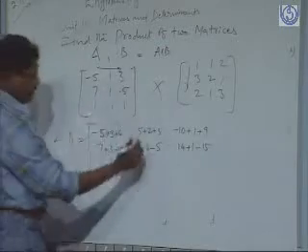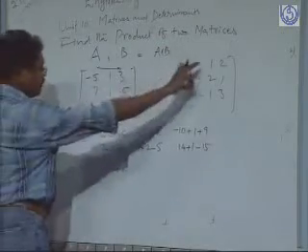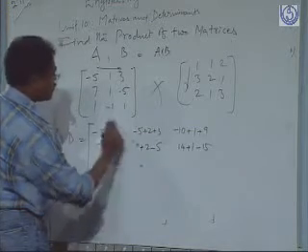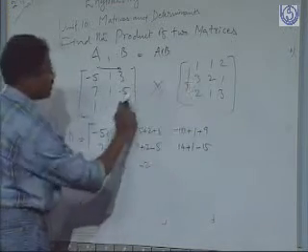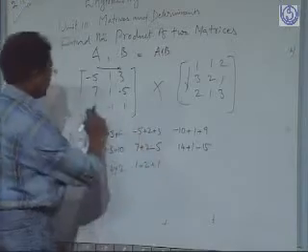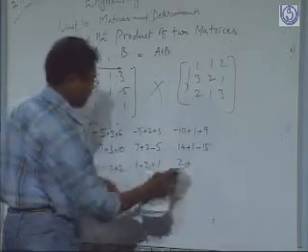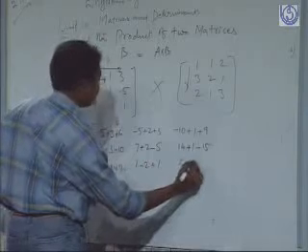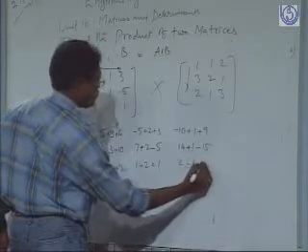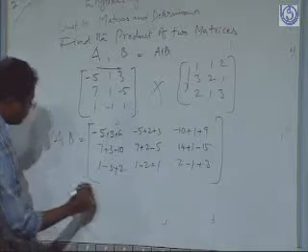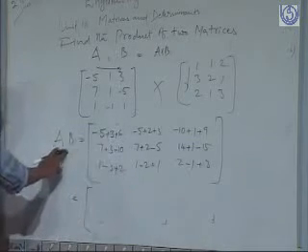Like that, this into the second column: 1, then minus 1 2s are 2, 1 1s are 1, plus 1, then 2, so again minus 1 plus 3. So like this we will find the product of a matrix.